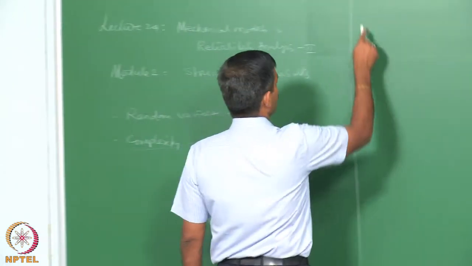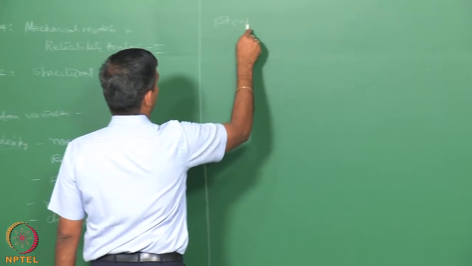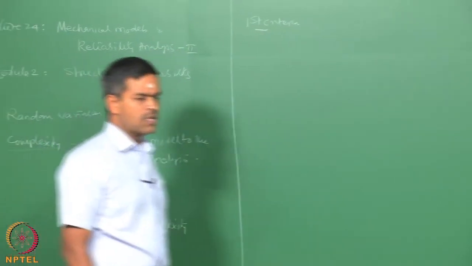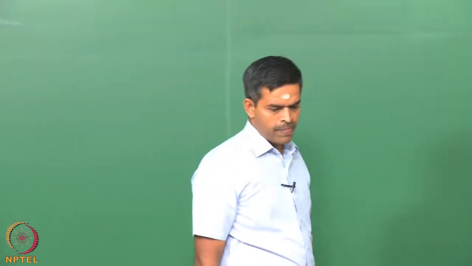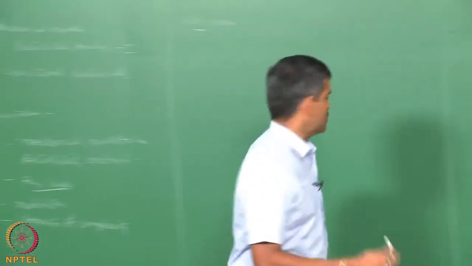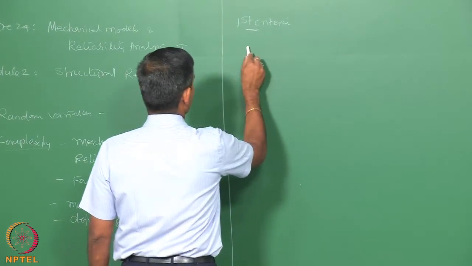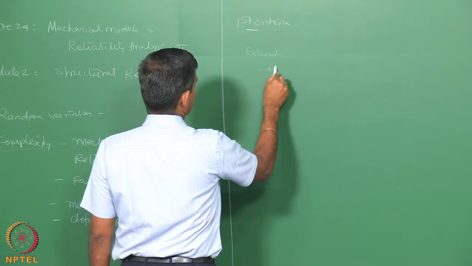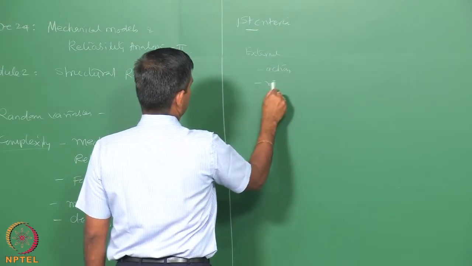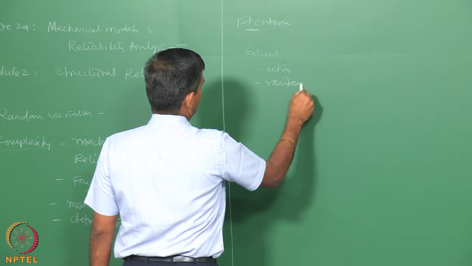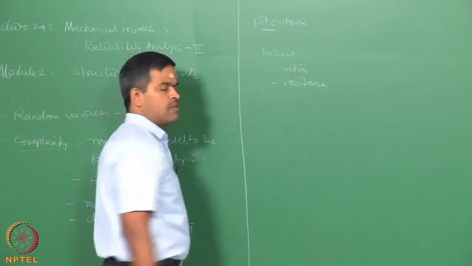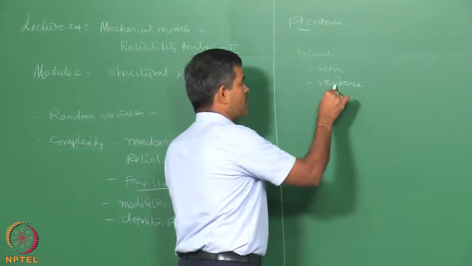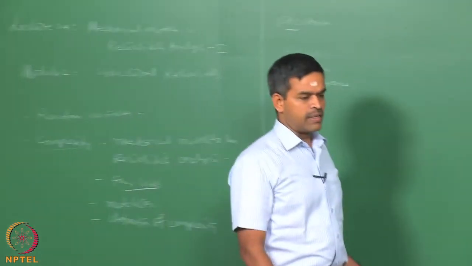Let us say the first criteria or the first stage can essentially come from the external action and resistance. One is the external action, which is coming from the loads or forces, the other is material property, which can come from the material characteristics.